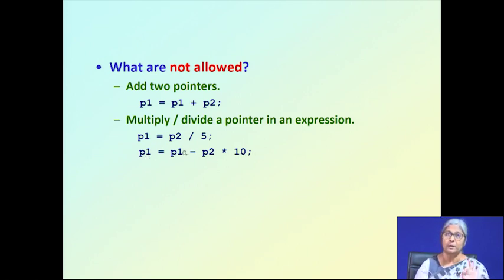P1 minus P2 is valid, but I cannot multiply it by 10. So, addition, division, and multiplication of pointers have no meaning; only subtraction is possible if they are of the same data type.